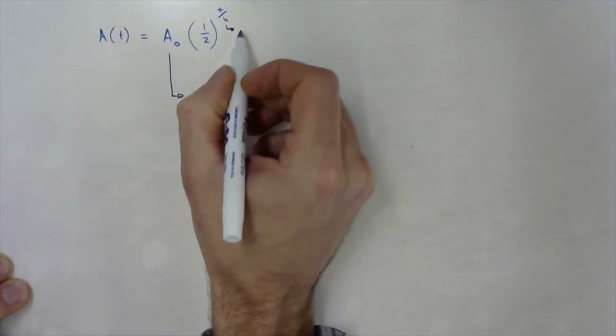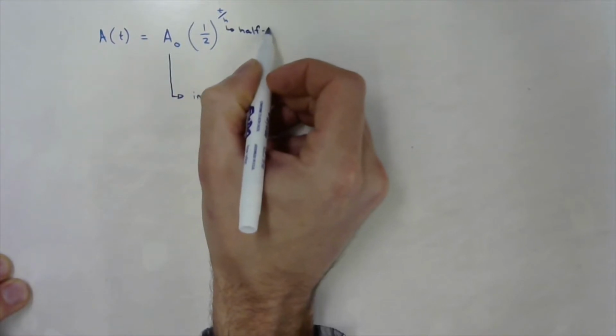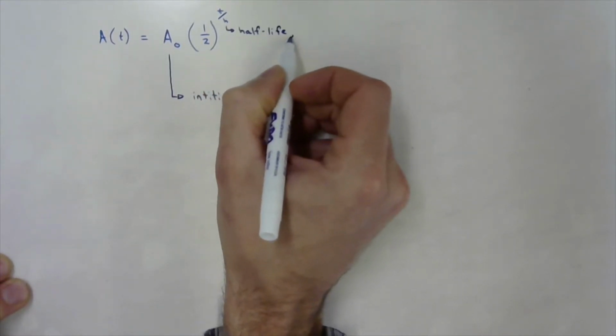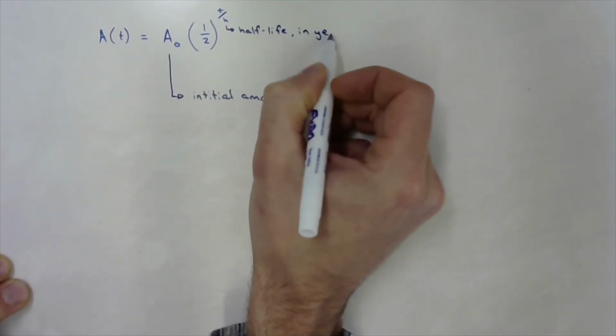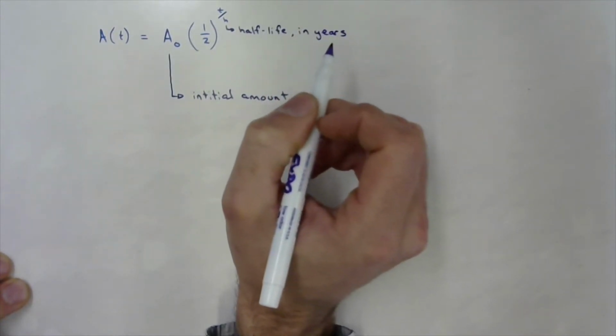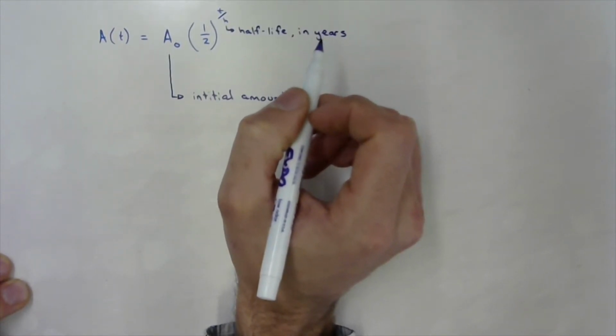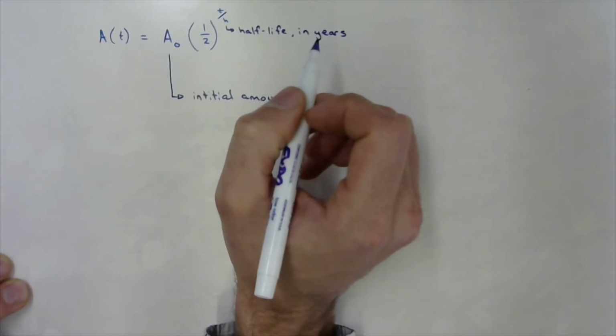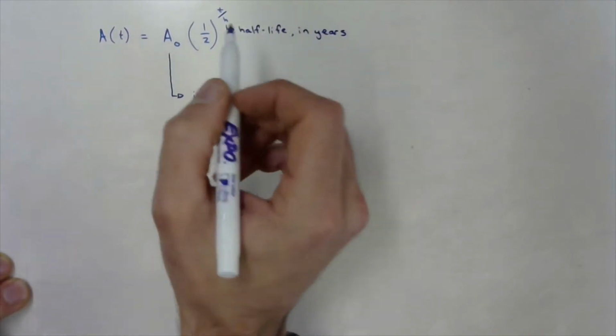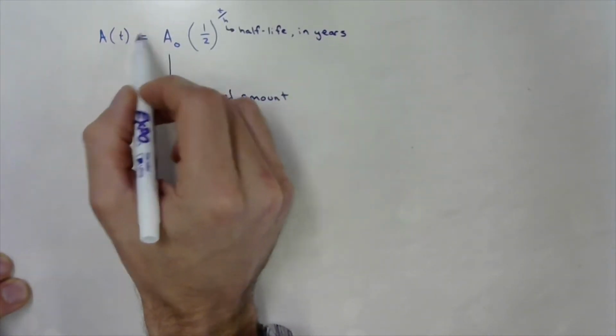H is the half-life measured in years. And T is the years, so T here and T there.